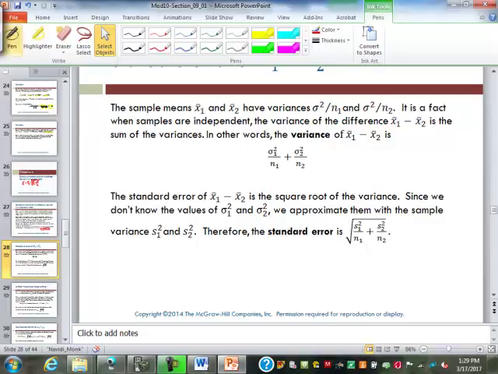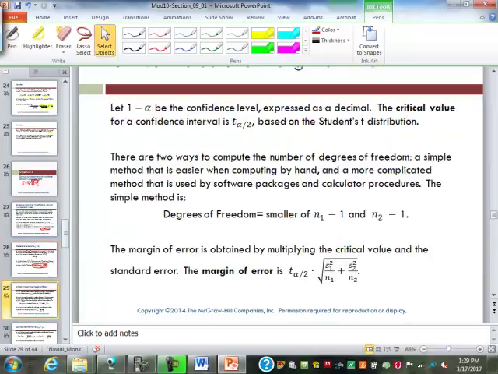So again, here is our standard error formula. As I showed you, the standard deviation of sample 1 squared divided by its sample size plus the standard deviation of sample 2 squared divided by its sample size, and then we take the square root. Let 1 minus alpha be our confidence level, so alpha of 0.05 will give us a 95% confidence interval.